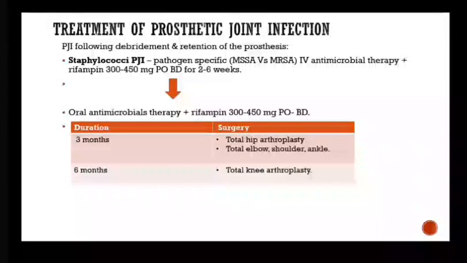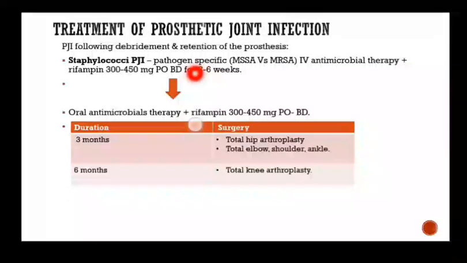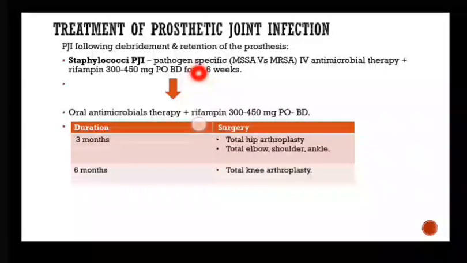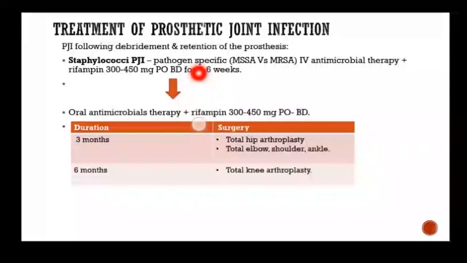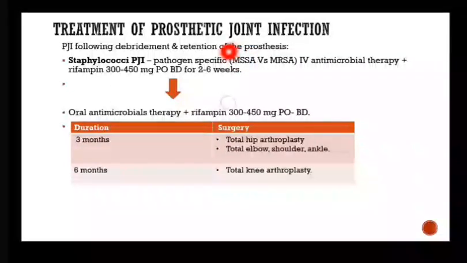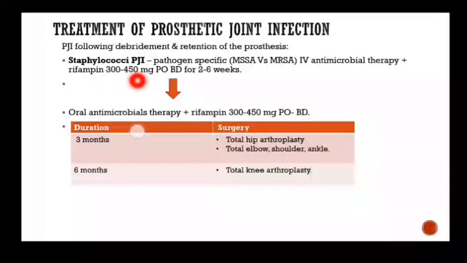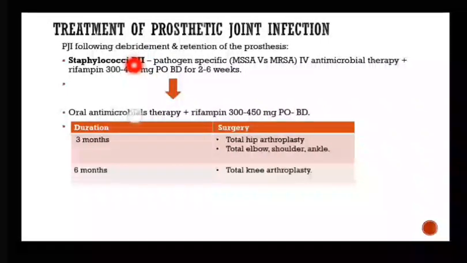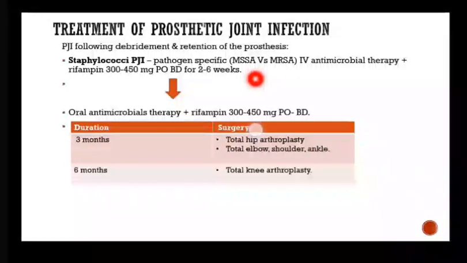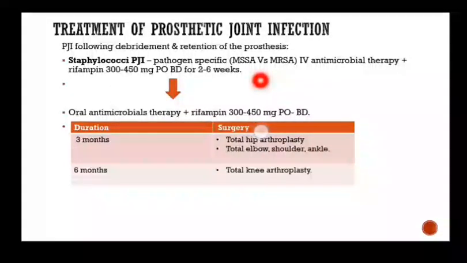Then treatment of prosthetic joint infection. As we saw in an earlier slide, prosthetic joint infection means infection in the prosthetic joint. So for prosthetic joint infection following debridement and retention of prosthesis, which is caused by staphylococci, we use pathogen specific therapy, whether it is methicillin sensitive Staphylococcus aureus or methicillin resistant Staphylococcus aureus.